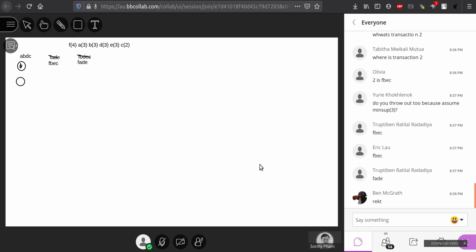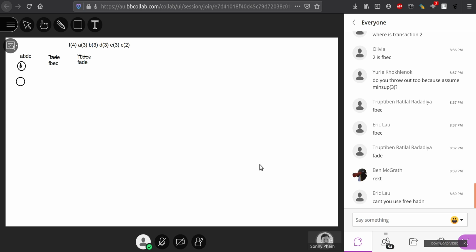Okay, let me think what's the best way to draw. Yeah, okay, give me a second. I need to use my other computer. I have 2 computers here, and the other one has a touch screen, so maybe it's better than this one.